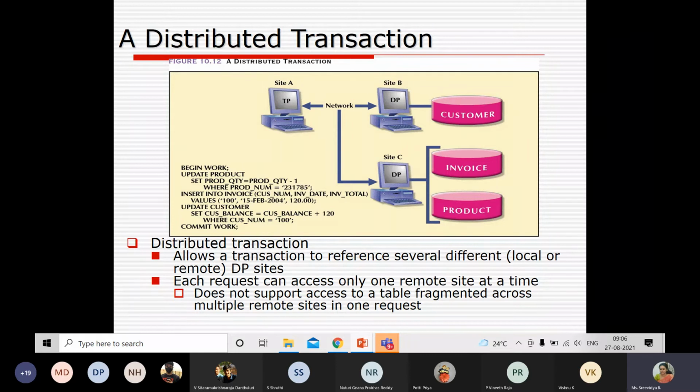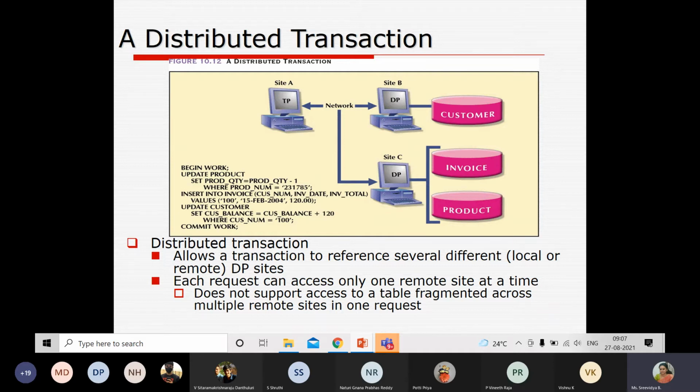At site B, update customer set customer balance equal to customer balance plus 120 where customer number is equal to 100 will execute. Now, if you are saying that site B and site C have a customer table with the same data, are you going to say that?